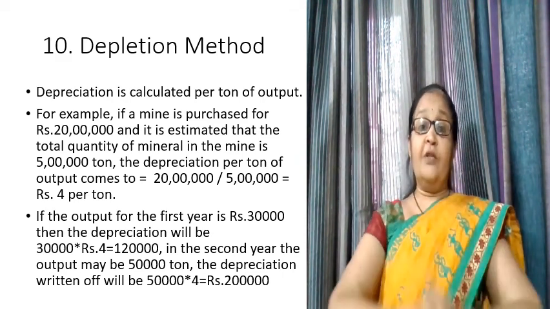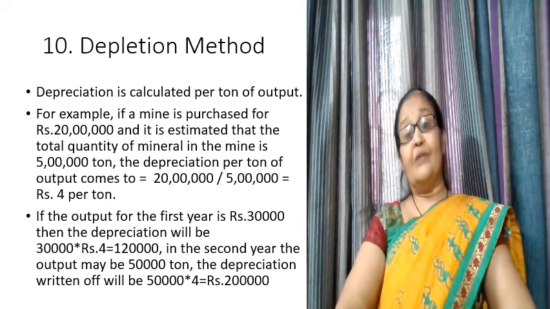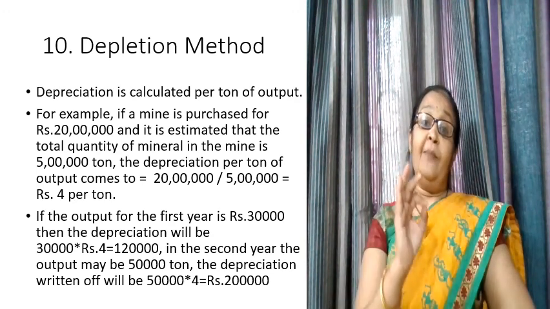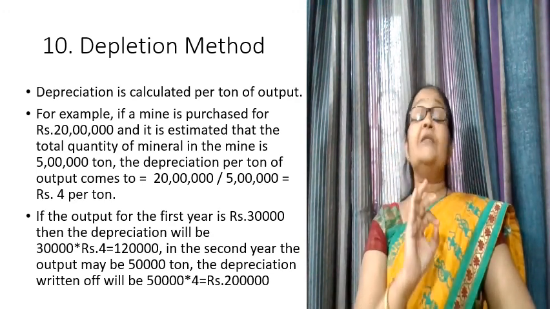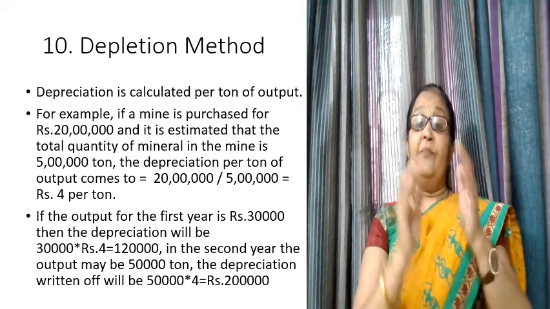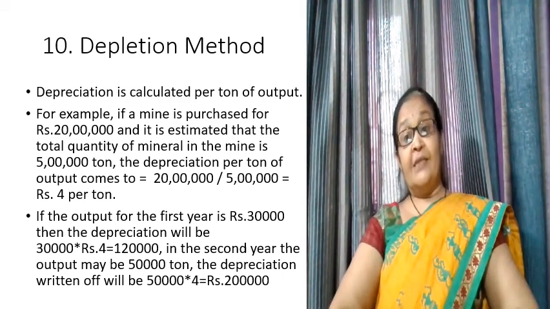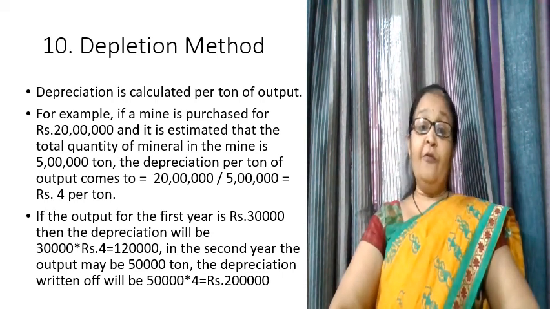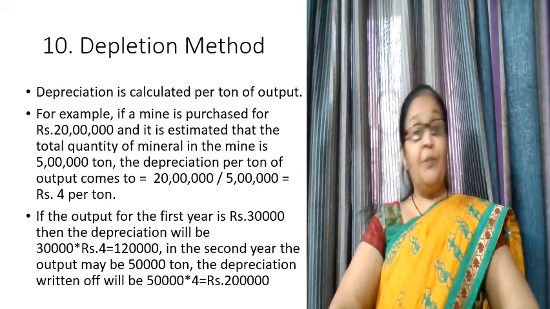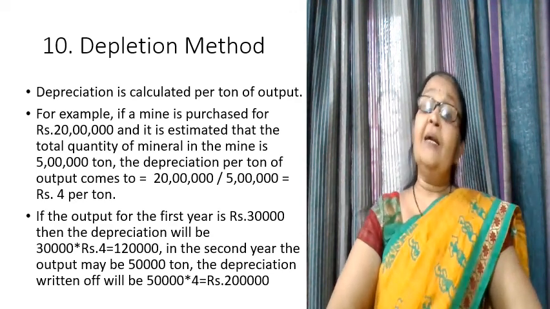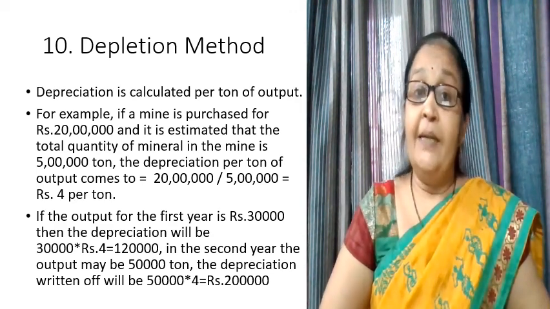If the output for the first year is 30,000 tons, then the depreciation will be 30,000 multiplied by rupees 4, that is rupees 1,20,000. In the second year, if the output is 50,000 tons, the depreciation to be written off has to be 50,000 tons multiplied by rupees 4, that is rupees 2 lakh. This is how the calculation on the basis of the output will be done.